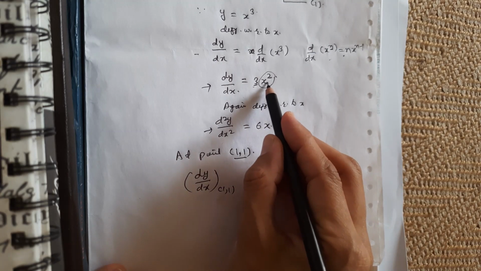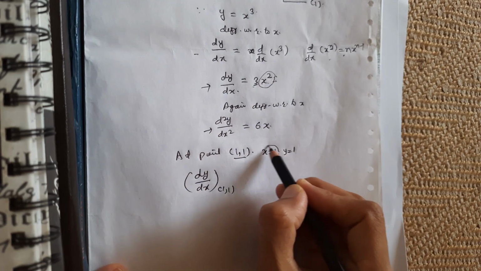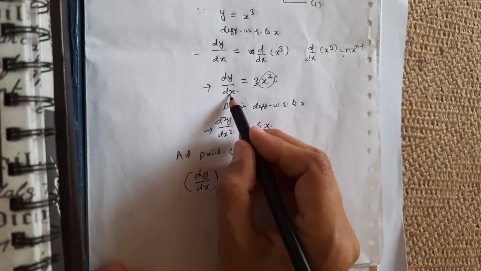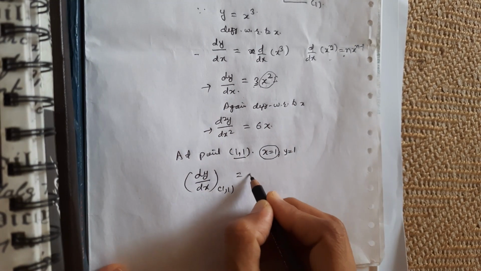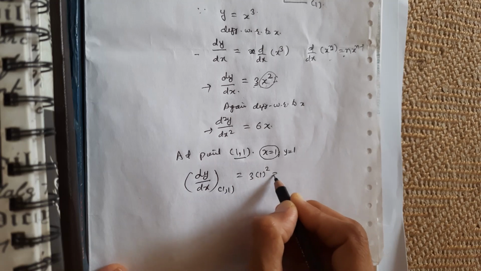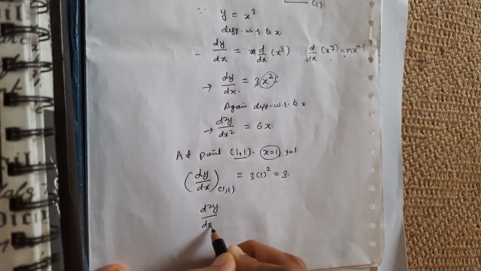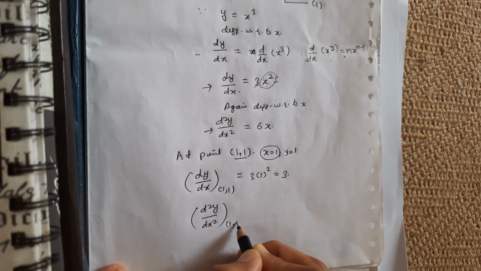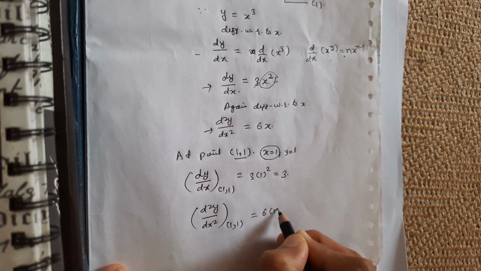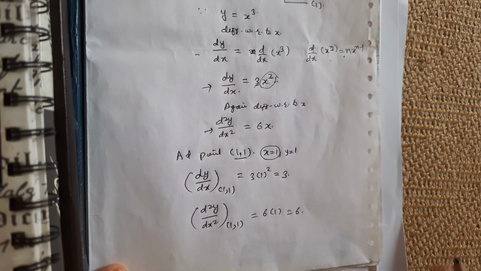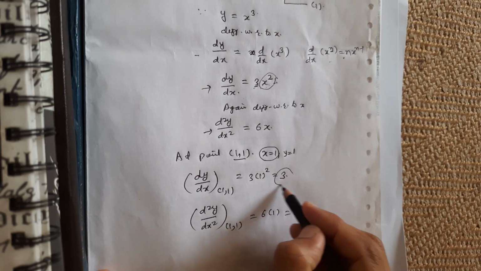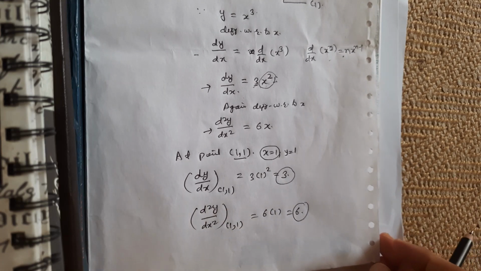But fortunately I don't have any y term here, so I will just use x equals 1. So dy by dx is 3x square, which is 3 into 1 square, equal to 3. Similarly, d2y by dx square at (1, 1) is 6 into 1, that is 6. Now I am going to use these two values in equation 1.